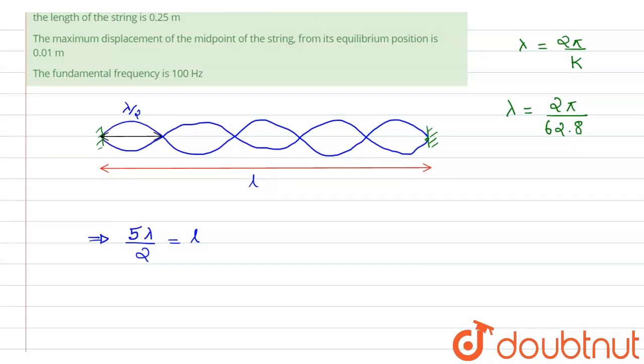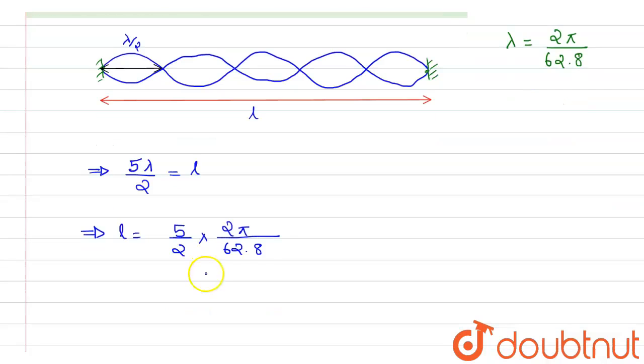So if we put lambda in the equation, we can calculate L. Our L will be 5 by 2 times 2 pi upon 62.8. We put the value of pi as 3.14, 2 will get cancelled out, and after simplification L will be 0.25 meters.